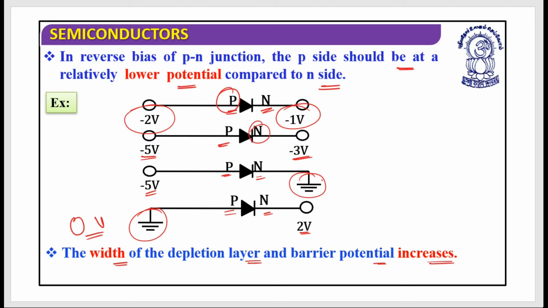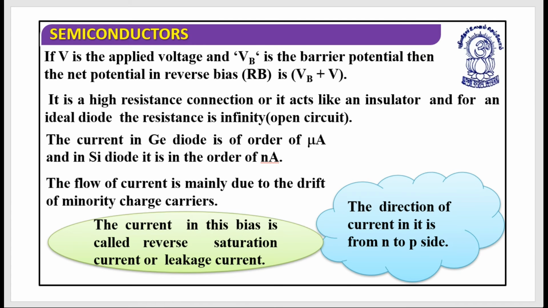So if such is the case, let's see what other variations there are. Let's suppose V is the applied voltage and VB is the barrier potential, then the net potential in reverse bias is VB plus V, and basically it is a higher resistance connection, or we can say it acts like an insulator.